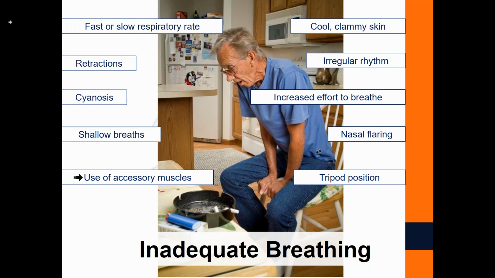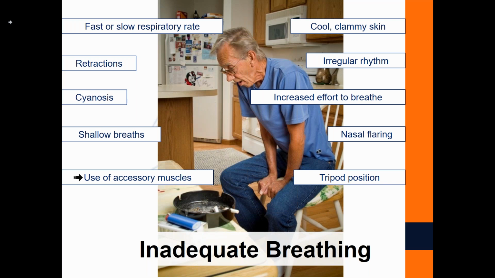So like the neck, the clavicles, those intercostal spaces between the rib cage. If you watched yourself in the mirror breathe, you'd see none of this. But if we see our patient doing it, we know that now the body is really in its last ditch effort trying to compensate. And before long, all of those compensation methods are going to fail.